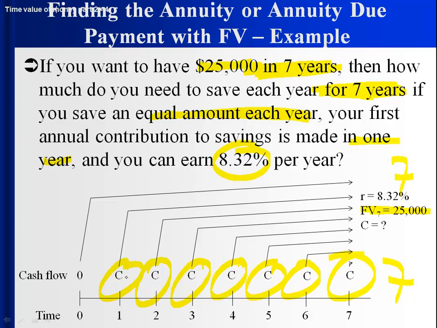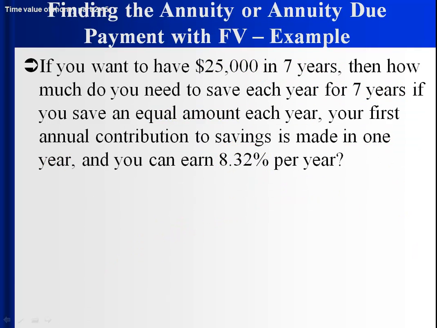So we're just finding out what's C, such that C times 1.0832 to the 6th plus C times 1.0832 to the 5th, all the way up to when you put that last contribution in and say, here's my money, now give me everything that you have of mine, and they give you 25,000. What is the amount that you would have to put in every year for 7 years?